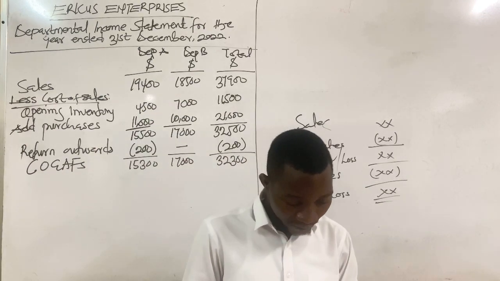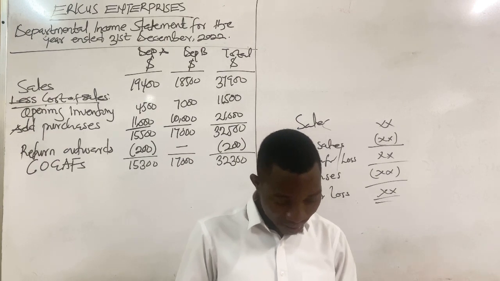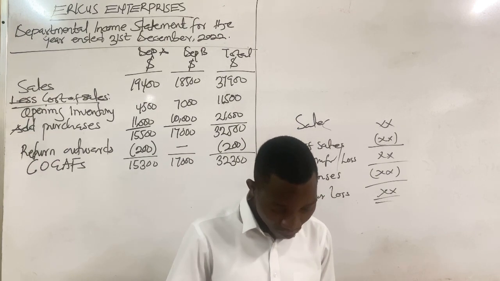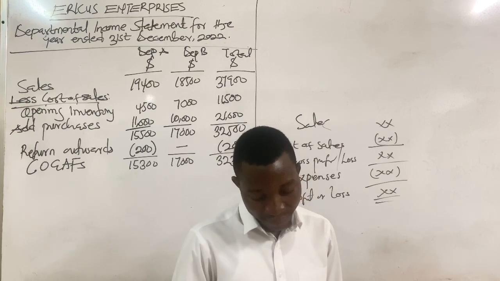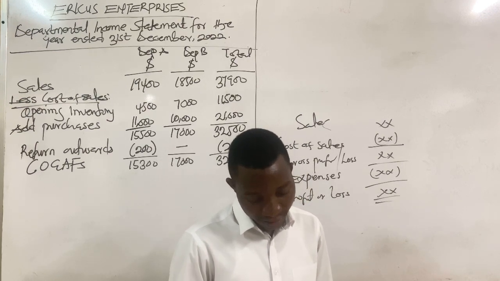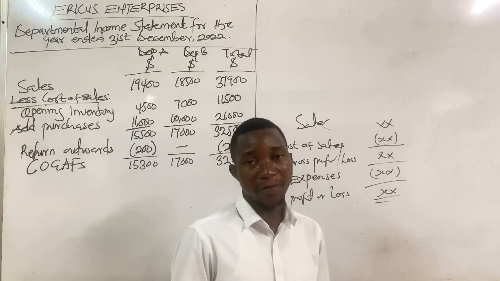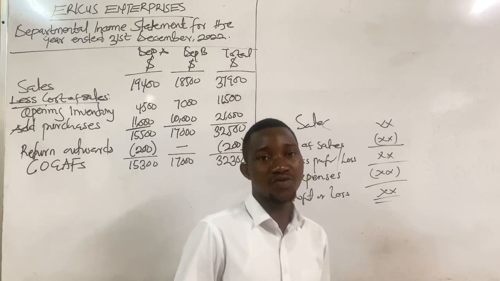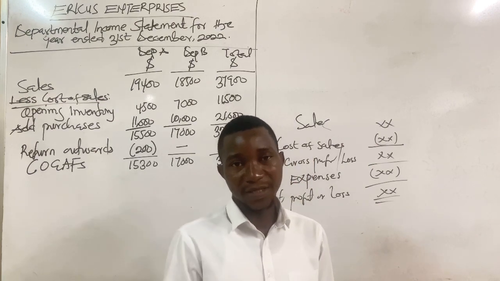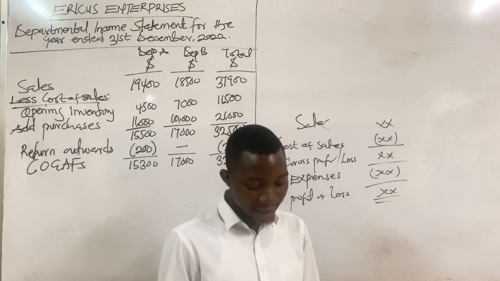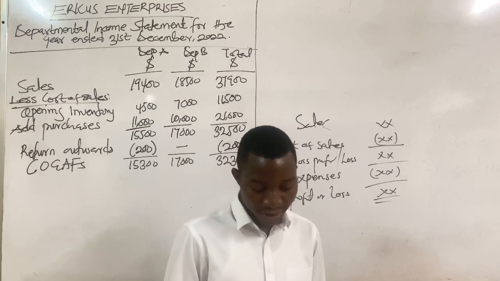So in the additional information, you can realize that additional information 1, goods to the value of 100 were supplied to Department B from Department A. Okay, it means that Department A transfers goods of an amount of $100 to Department B. Okay, so this transfer is at cost.